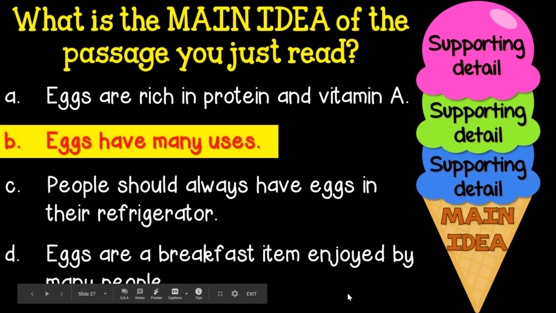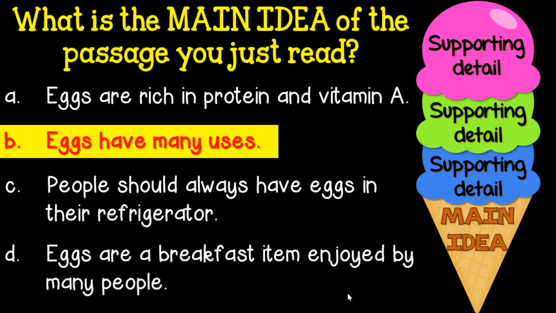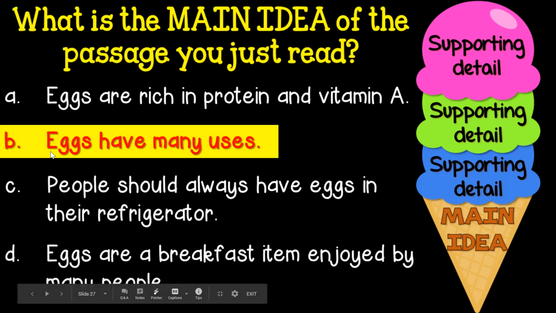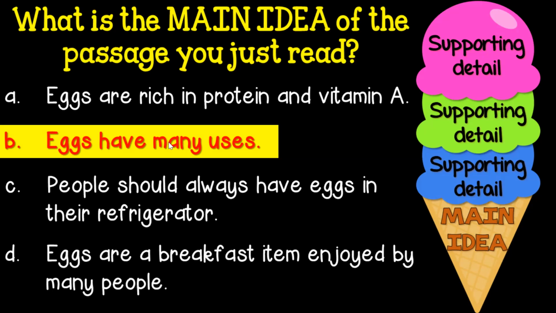Eggs are a breakfast item enjoyed by many people. Well, yeah, it talked about that, but was that what it was mostly about? No, right? So B is our best option because this is what it was mostly about. This was the point of the article. The point of the article was to teach you eggs have many uses, right? We just learned that eggs can be used for a lot of different things.